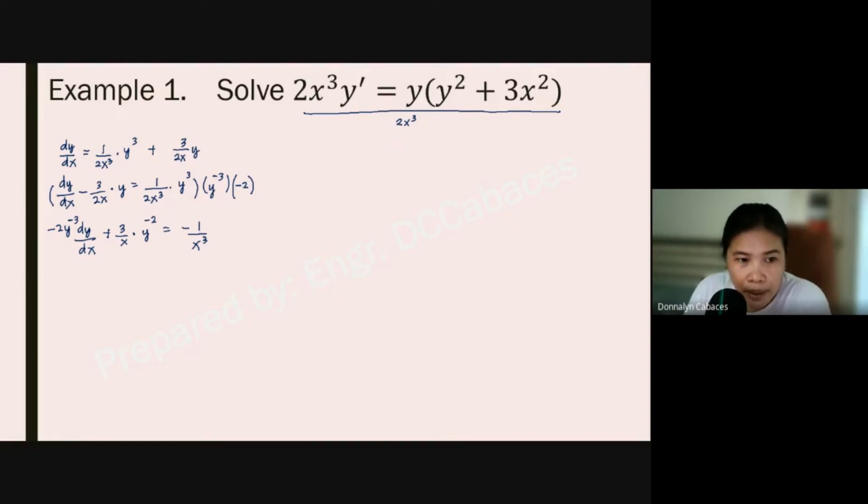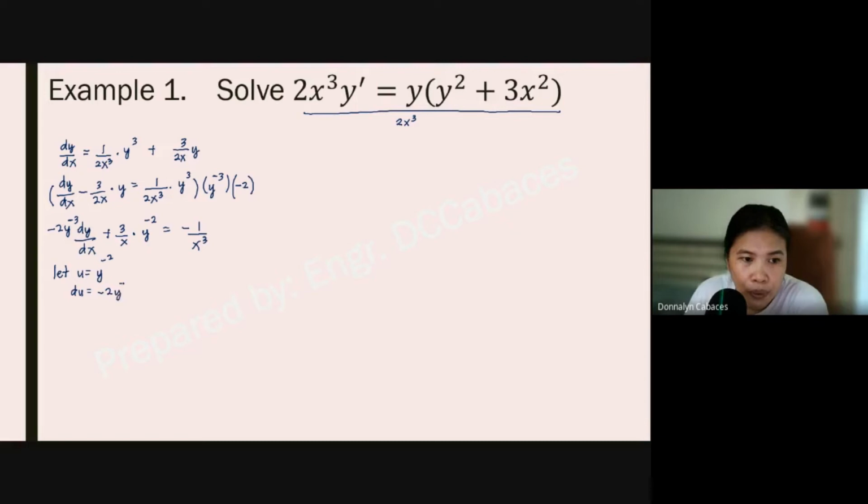Okay? And then now we introduce the new variable. We let u be, again, the factor with the p of x should be introduced to u. So let u equal y to the negative 2, and what is our du?